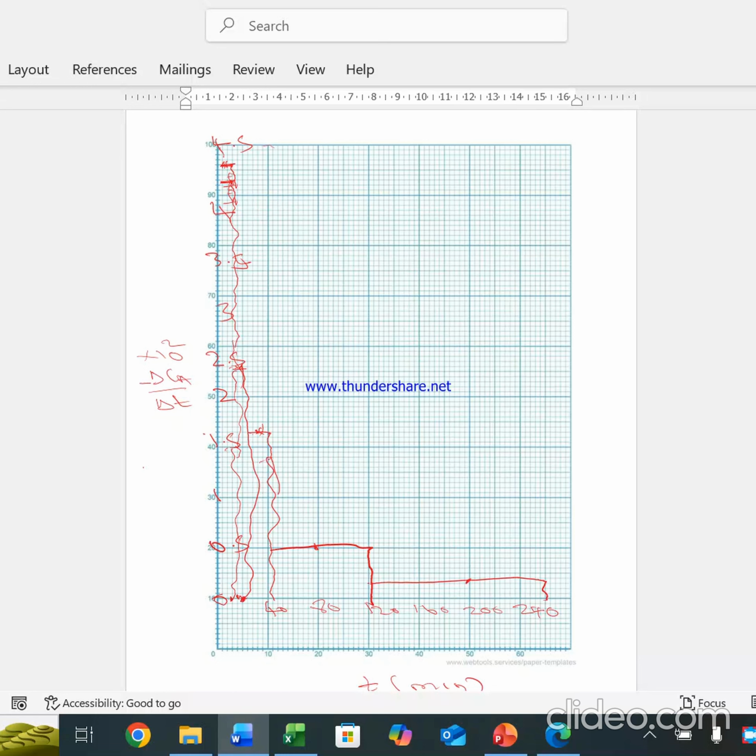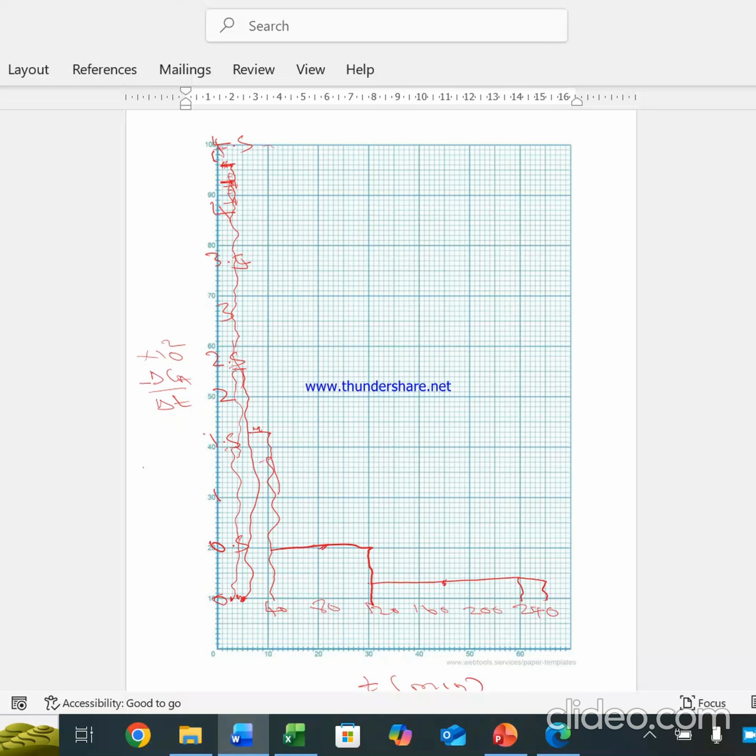Okay, sorry, this is the 240 point, not that point. So this is the 240 point. That means the center is around here, the center here. So you try to cut, then we draw a smooth curve.